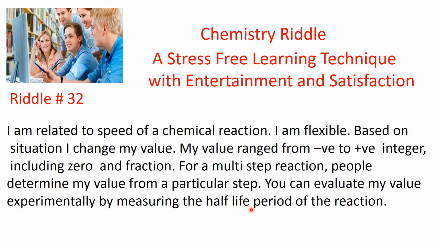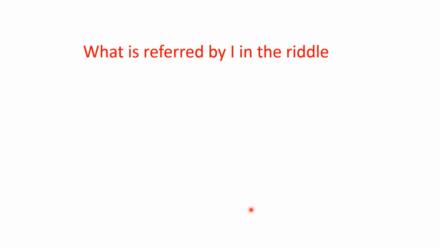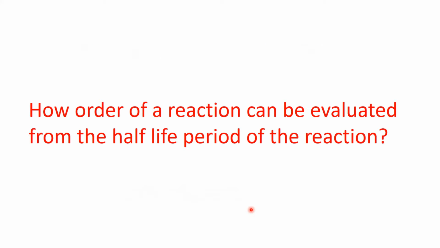You can evaluate my value experimentally by measuring the half-life period of the reaction. I hope everybody got the answer. So, the question is, what is referred to by I in the riddle? And obviously, the answer is the order of the reaction. Here it is the overall order of the reaction.